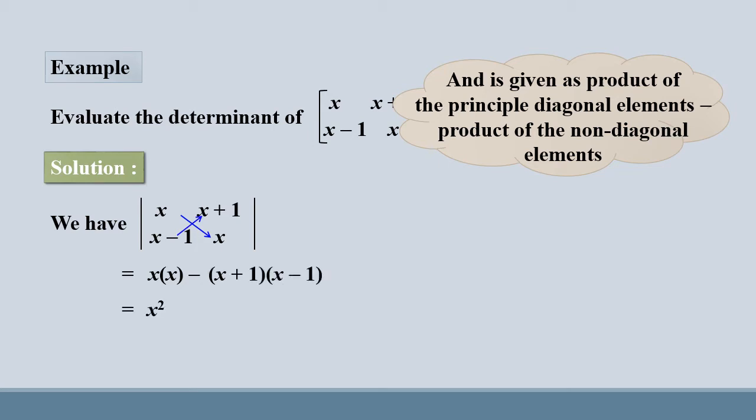We get x square minus, first simplify the binomials. On simplifying we get x square minus 1. So x square minus x square plus 1. x square and minus x square will cancel off. So the value will be equal to 1.